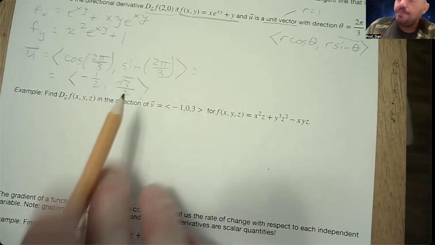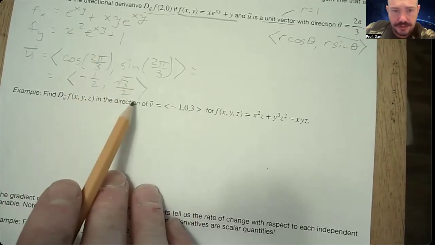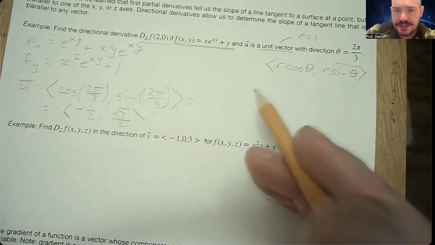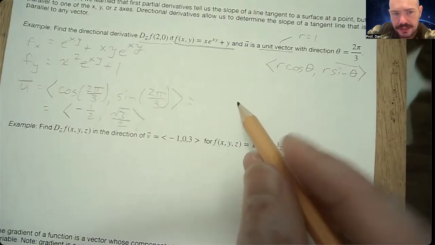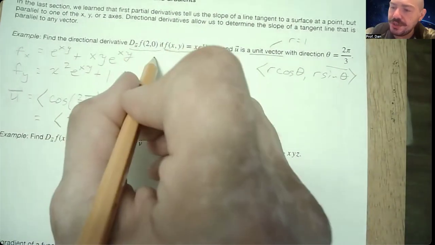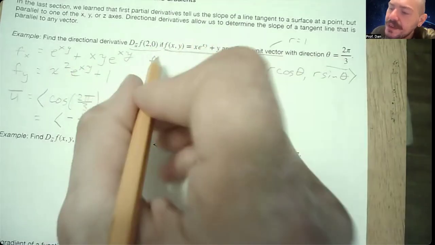Now that we have both of our partial derivatives and our unit vector, we can get our directional derivative. As I mentioned, it's essentially just taking a dot product. Before I do that though, I'm going to want to know what the actual values are for each of these partial derivatives.